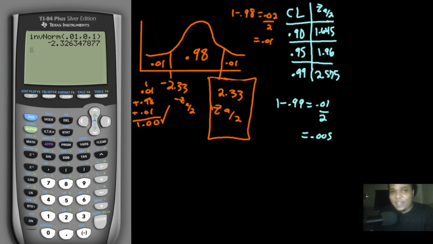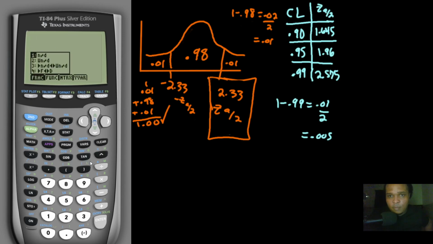Positive. Okay, so in our calculator, second alpha. Go ahead and put your 2.33 times. Now, that weird range rule of thumb, let's hit clear.